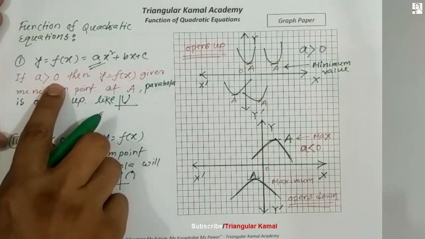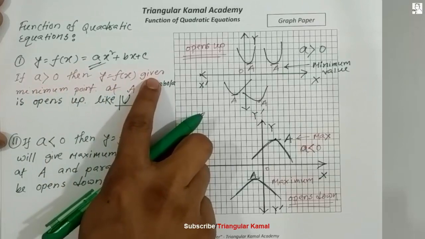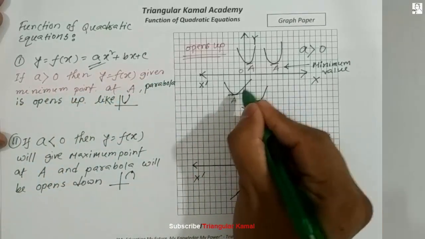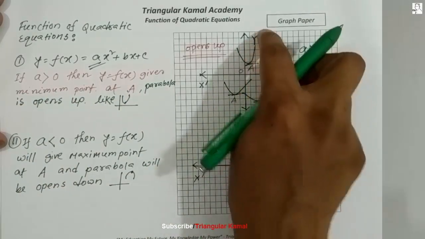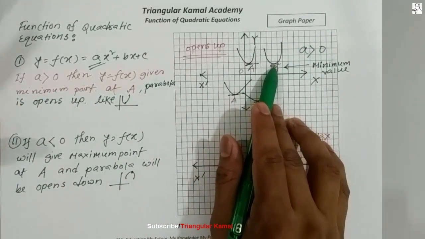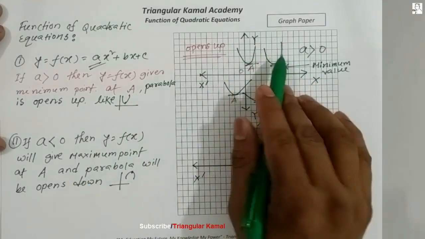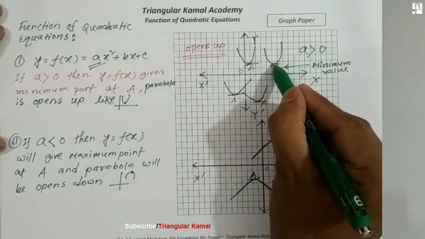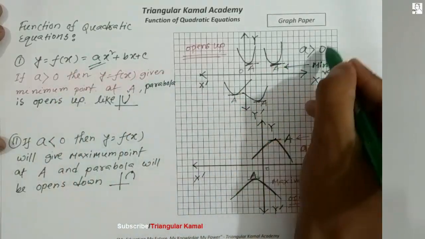When a is greater than 0, then y equals f of x gives the minimum point, and it is called opens up. This is the lowest point, the bottom of the curve. It may be in any quadrant: first, second, third or fourth. So always we get the minimum point.